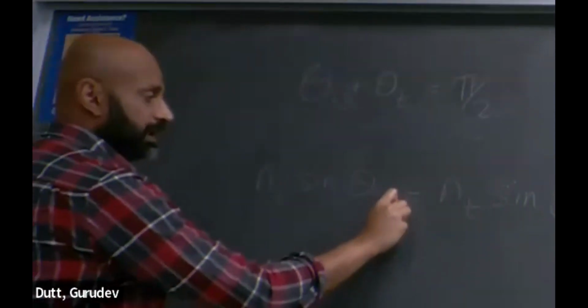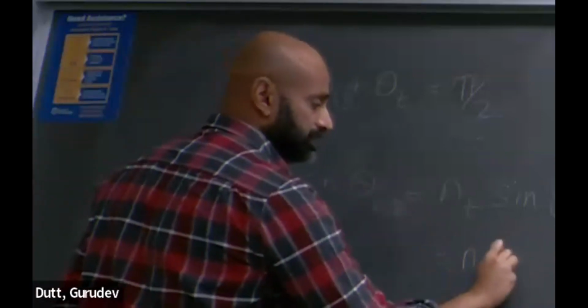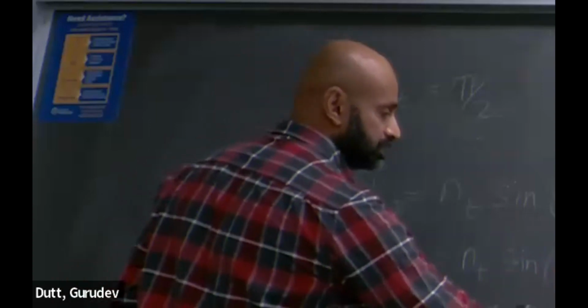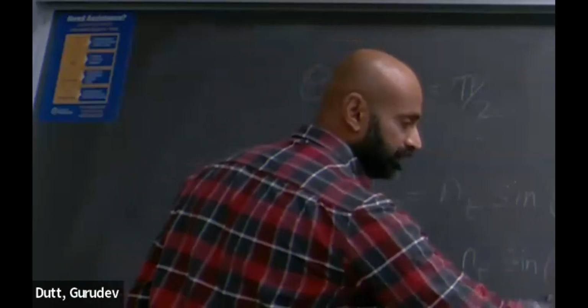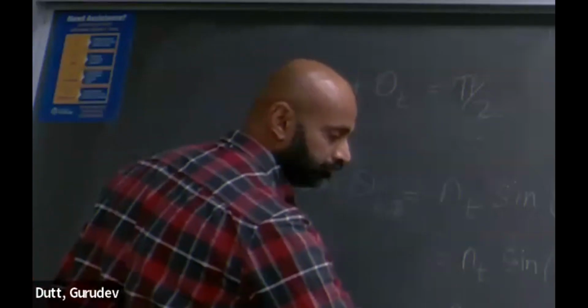Now putting in theta IB on the left-hand side, and on the right-hand side I put in NT sine of pi over 2 minus theta IB, the incident angle that corresponds to Brewster's angle. And now this, of course, is just NT cosine of theta IB.